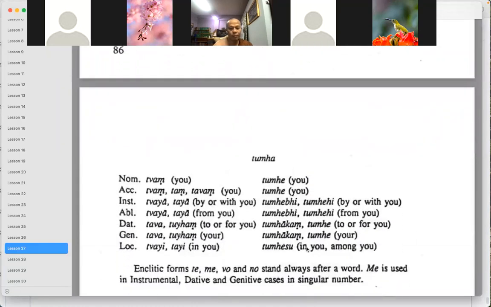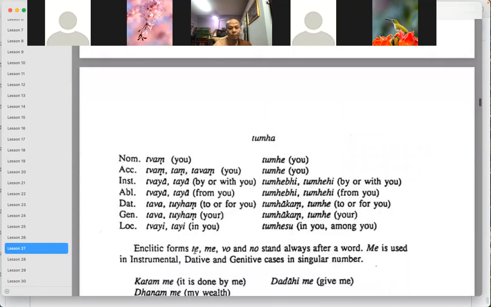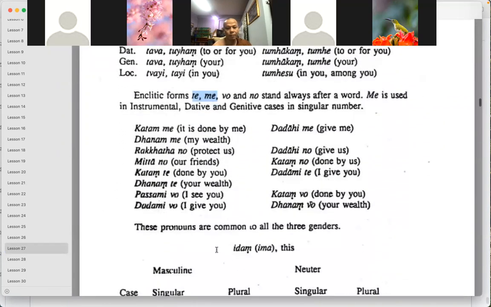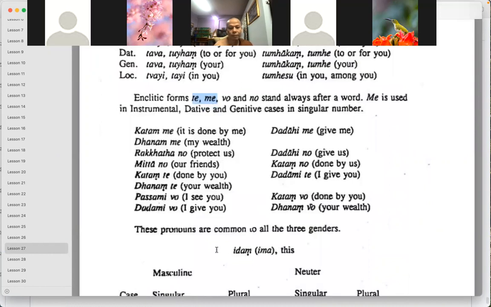Yes, for enclitic forms of they, may, vo, and no. Specifically may is used in instrumental, dative, and genitive cases in singular number. And it will stand after a word.